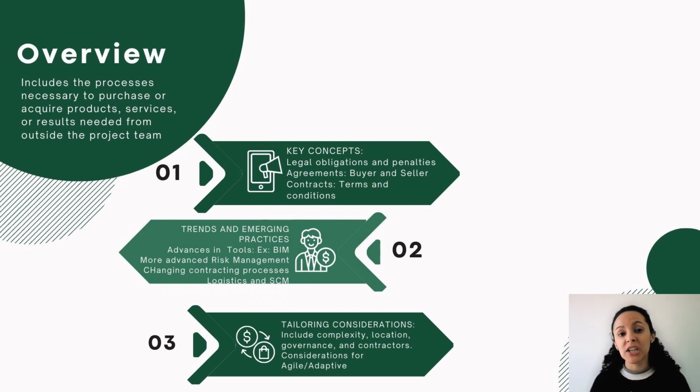Because each project is unique and different, we need to tailor this depending on the nature of the project, the complexity, the location, the regulations, governance, and different other factors that are going to affect our project. For example, adaptive projects tend to use a master service agreement where buyer and seller share risks, and this allows changes during the project without impacting the overall contract.